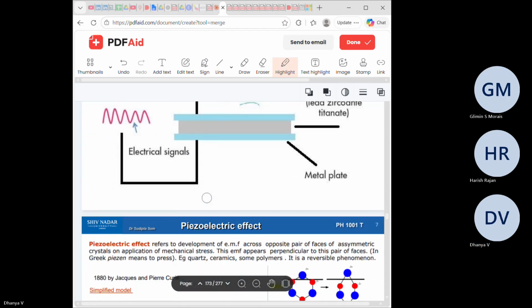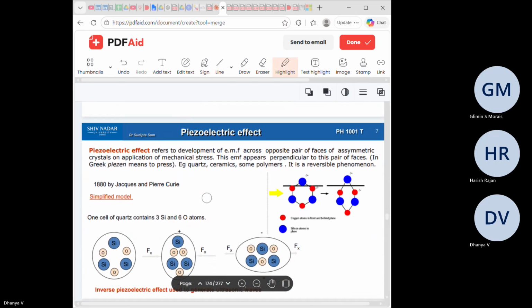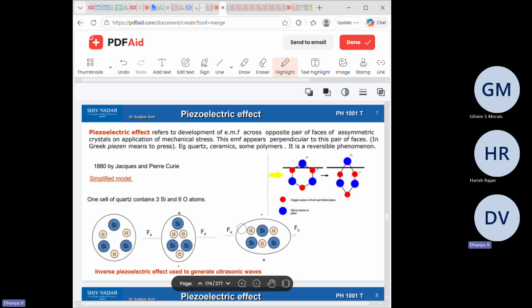Okay. This I think is more understandable. The piezoelectric effect refers to the development of EMF across the opposite faces of asymmetric crystals on application of mechanical stress.